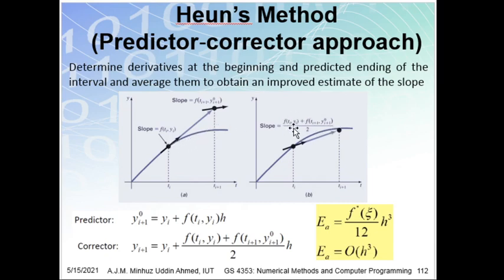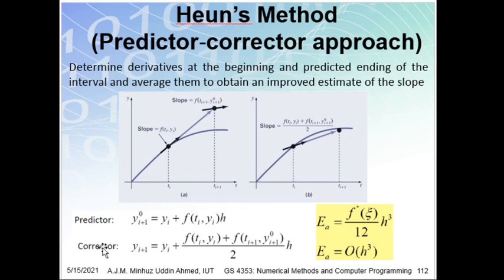So you can see here the slope is taken f(t_i, y_i) plus f(t_{i+1}, y^0_{i+1}) divided by 2. So this one is the average slope which will be applied at this point, and this slope is nothing but the increment function. That is, the predictor was first initially the increment function.